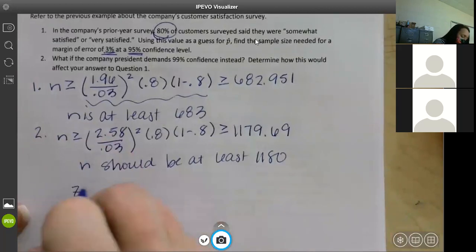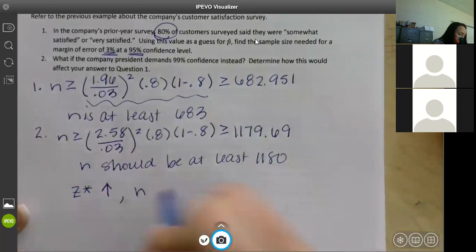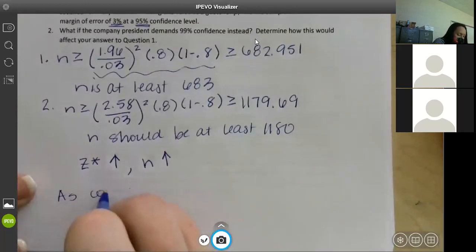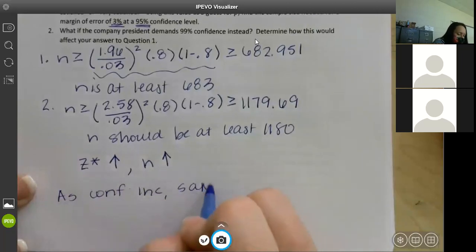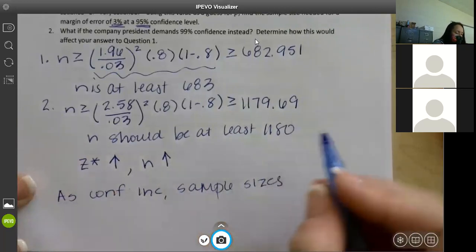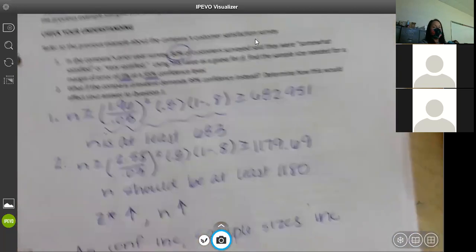If Z star or the confidence is increased, then N does what? Increases. So that's what you need to know. As confidence increases, your sample size has to increase to account for that margin of error.